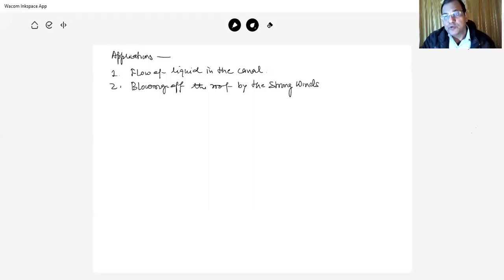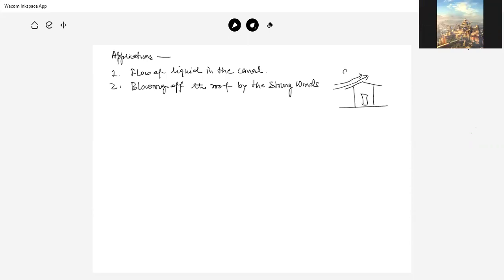Strong winds means, suppose this is the rooftop of any house, and air flows in this way. This is the air flow. So if air velocity increases, then there is a pressure difference. Here it is P1, and this pressure is P2. So their force is acting, and this is the blowing off.